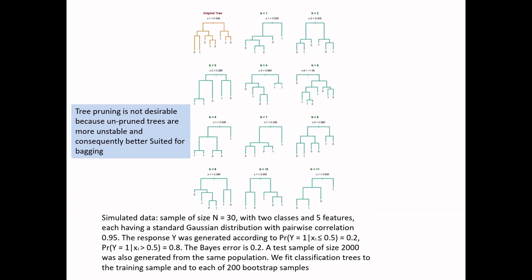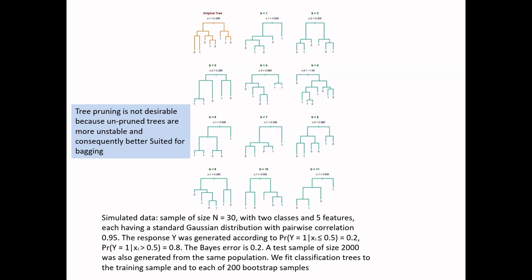So here is just an illustration of what happens with this kind of approach. This slide shows results using simulated data. The size of the sample is 30, so each tree is built using 30 examples. The data has 2 classes and 5 features.